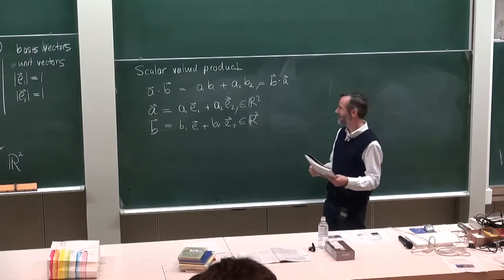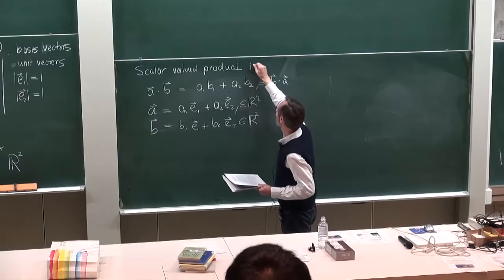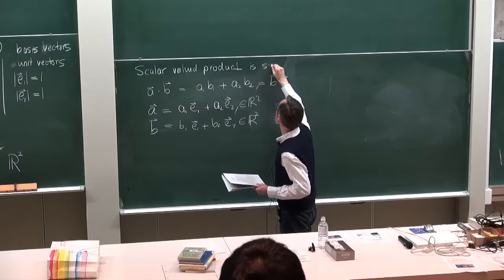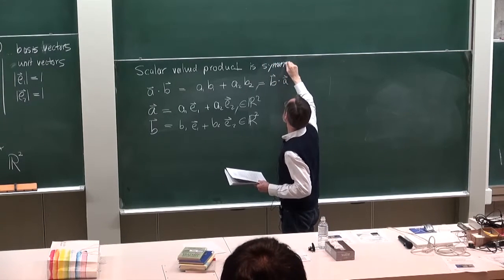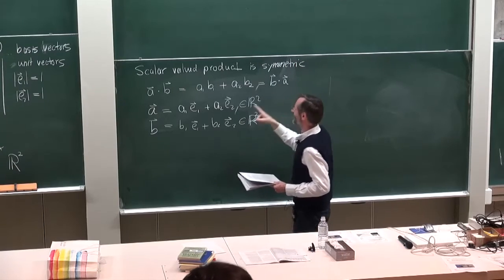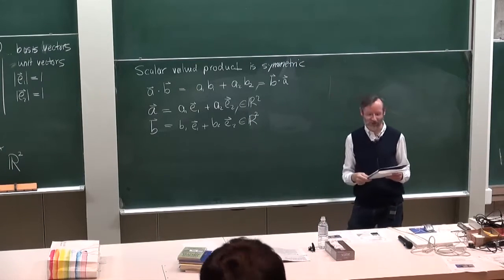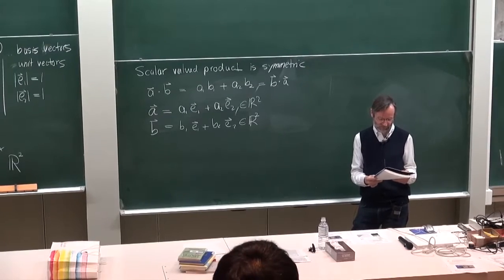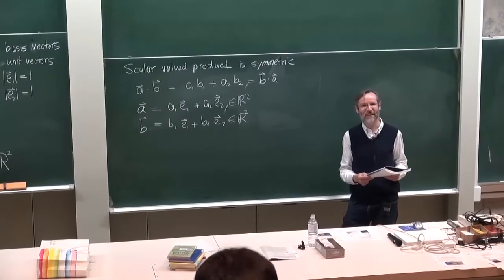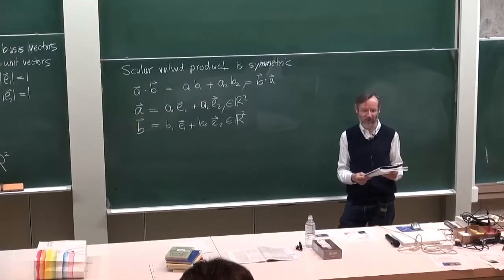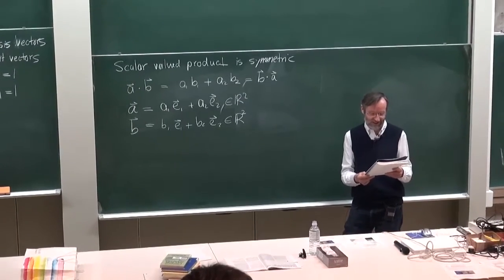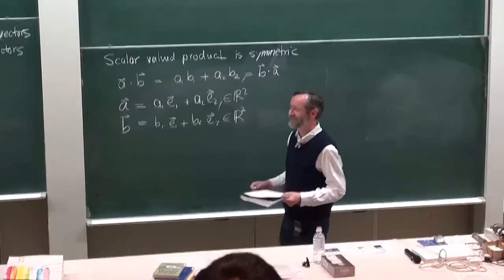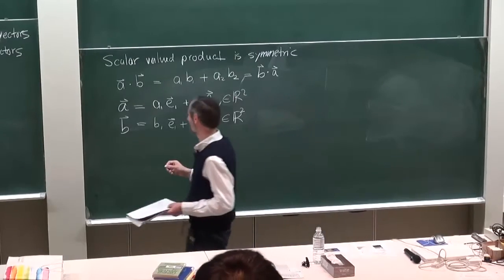So the scalar product is symmetric, meaning you can change the order of the factors without changing the result. Now, if two vectors are orthogonal, then their scalar product vanishes. That is the definition.